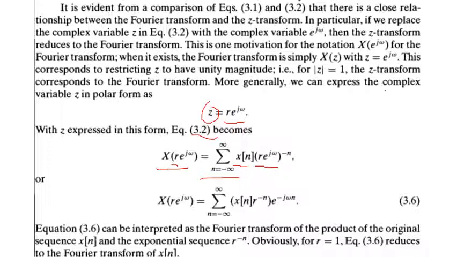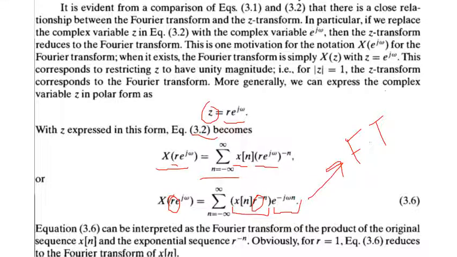Now if I realign them, I can see x of n R raised to the power minus n, and then this is the term that is left for the Fourier transform. So this equation is equal to the Fourier transform if and only if this R is 1.